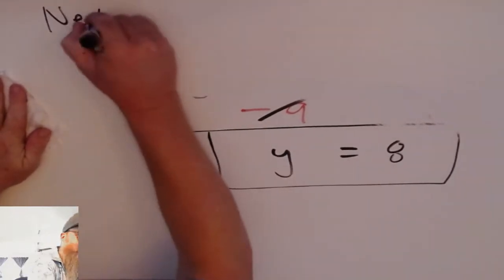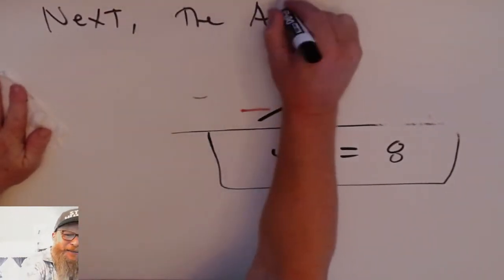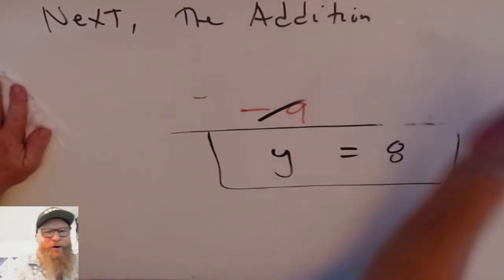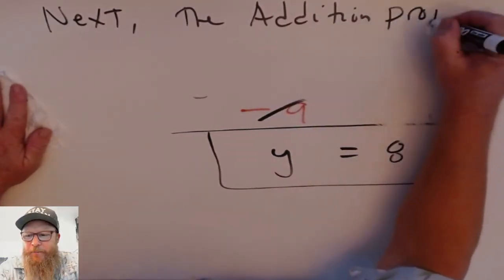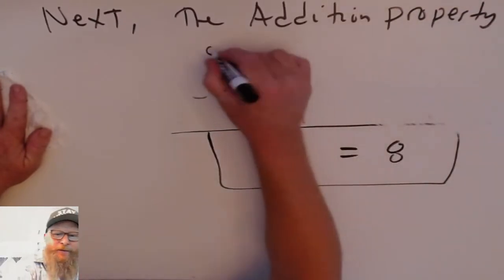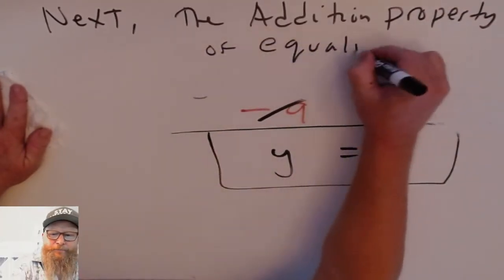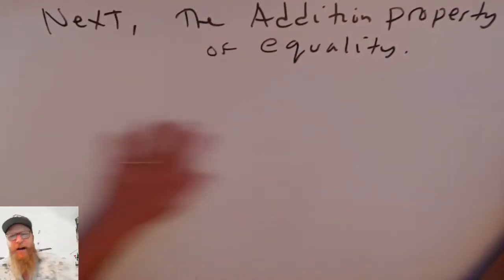Next, I've been thinking about addition this whole time. That's why it keeps coming out. The addition property of equality. It's very similar.